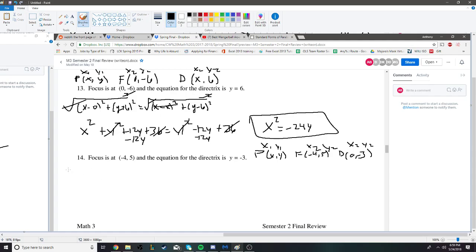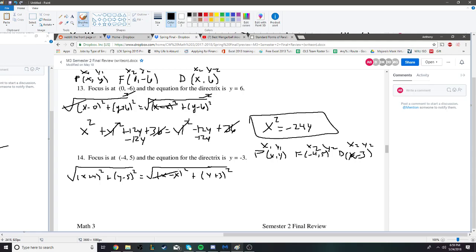So this boils down to the square root of x minus a negative 4, so that's positive 4 squared, plus y minus 5 squared equals the square root of, that should have been an x minus negative 3, not a 0, x minus x squared plus y minus a negative makes that a positive 3 squared.